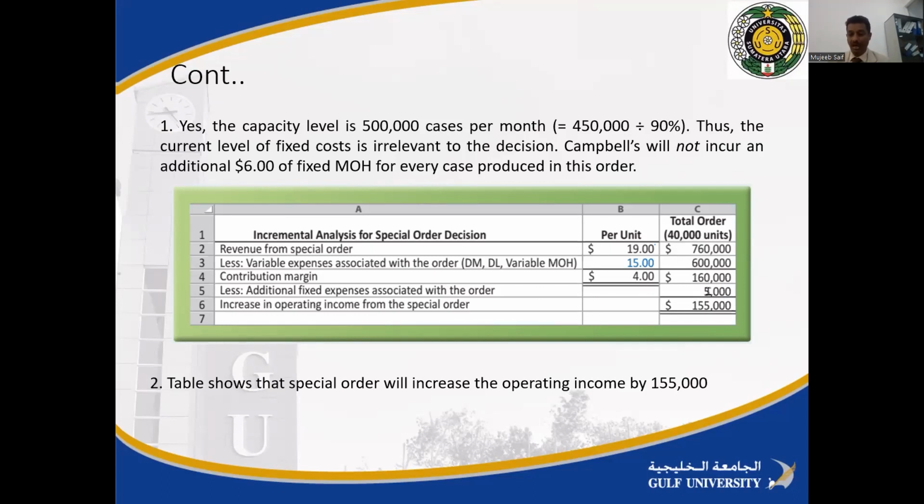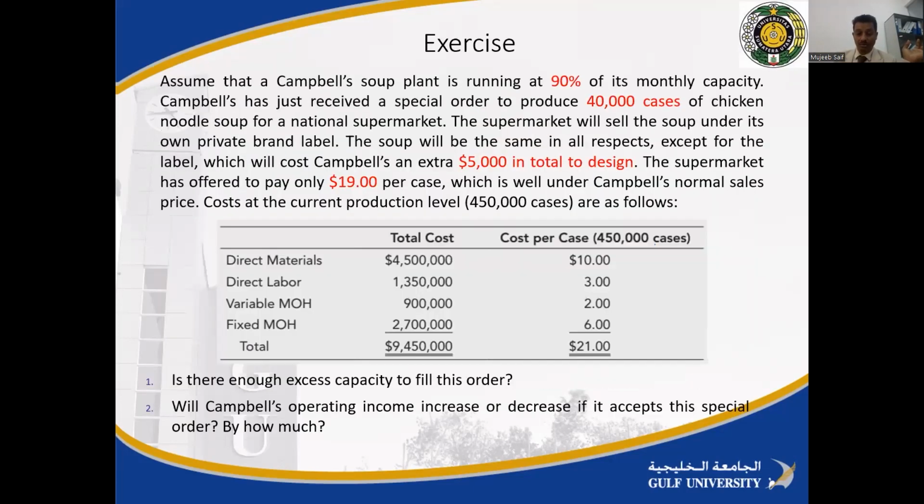That means we have to accept this order, as this order will increase the operating income of our organization by 155,000.